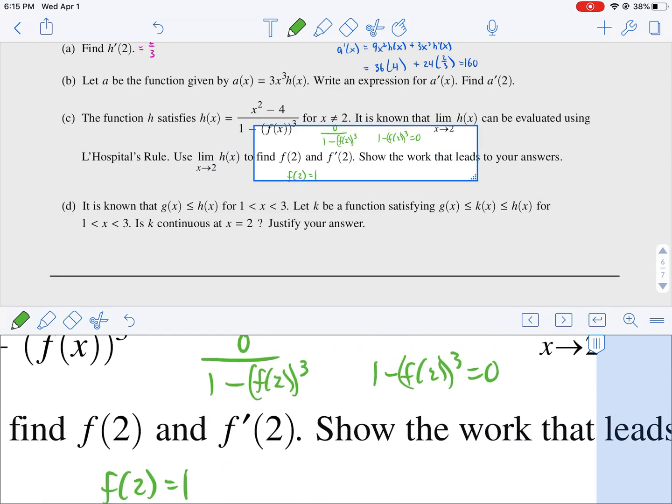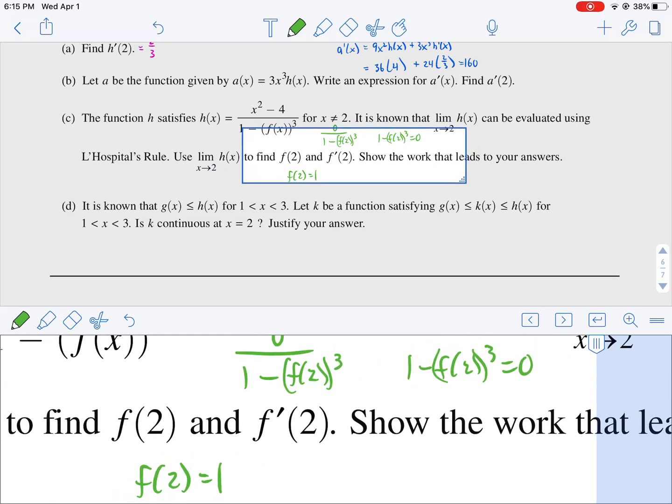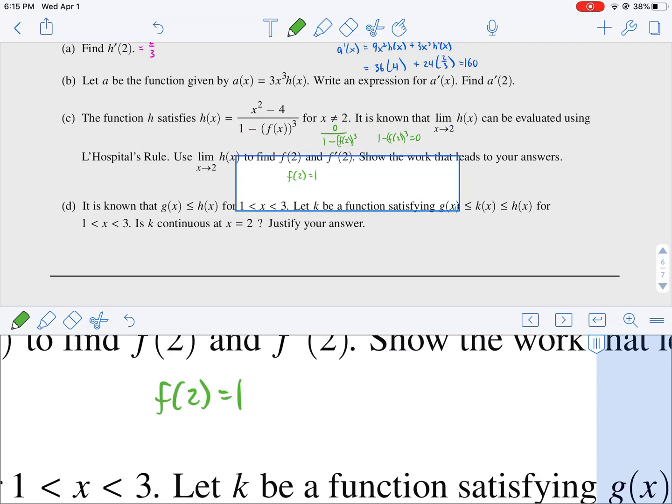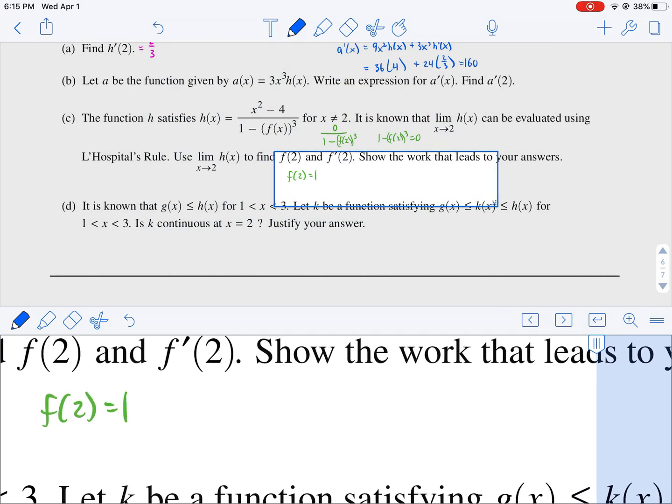Okay, since L'Hopital's rule works, then we know that we can evaluate the limit as x goes to 2 of the derivative of the top over the derivative of the bottom. So doing the second part to help us find f prime of 2. The derivative of the top using L'Hopital's rule is 2x over 1 minus, and then you have to do power chain rule. So bring the 3 down, f of x squared times f prime of x. And we're trying to find this at 2.